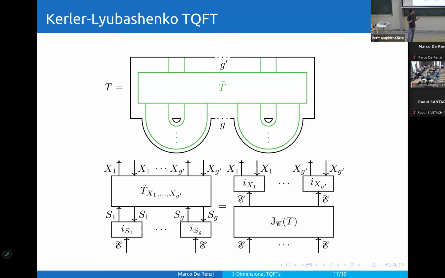The TQFT construction goes through under an additional assumption, which is that the Hopf algebra is self-dual. In this case, the end and the coend for this category are isomorphic, and the two constructions coincide. They give isomorphic TQFTs.